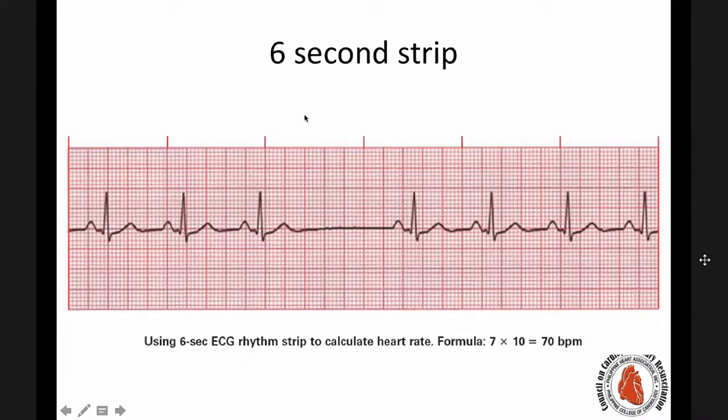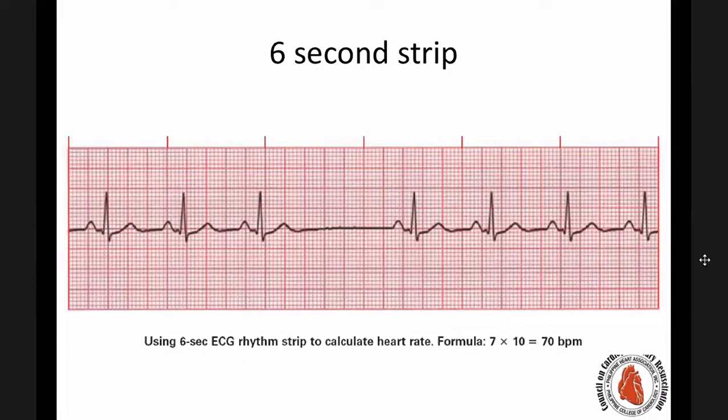So 1, 2, 3 second strip. Pag 6 na yan, 6 second strip. So you have to count the R waves within that strip. So 1, 2, 3, 4, 5, 6, 7. That's the heart rate is 70 beats per minute. But again, hindi ka pwedeng mag 71, 72 in the 3 second and 6 second strip. Yung pinaka-accurate is the 1,500 divided by the small number of squares in an R2R interval.